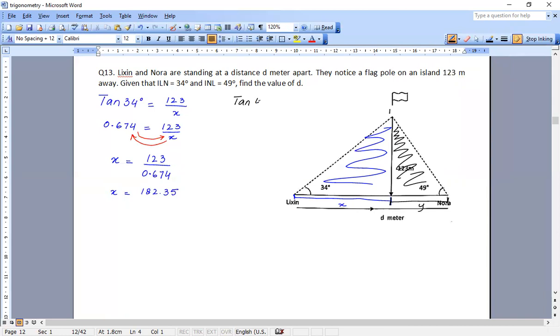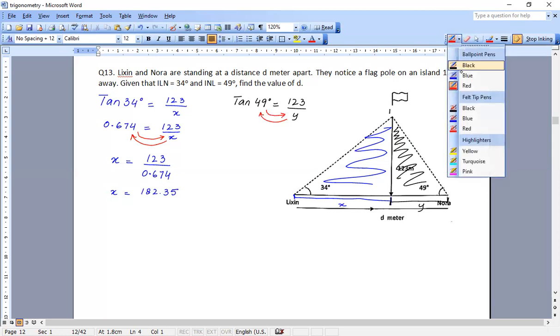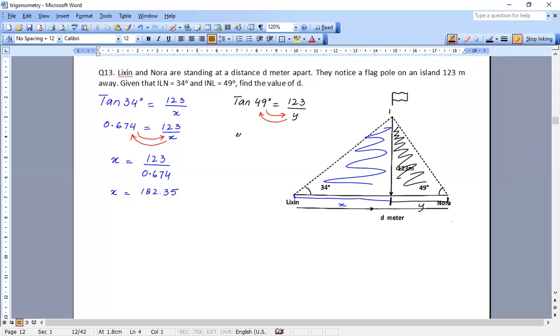This time the angle will be 49 degrees, opposite is again 123, and I have taken the adjacent as y. The same steps will be performed. I'll move y to this side and tangent 49 over here. So y is equal to 123 over tangent 49.